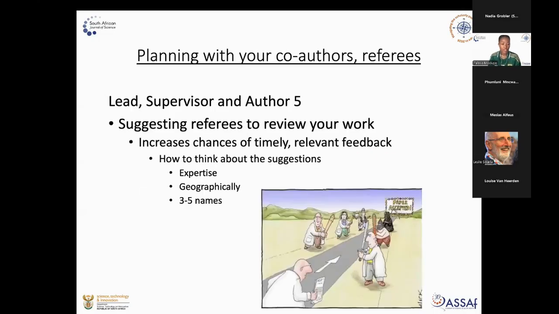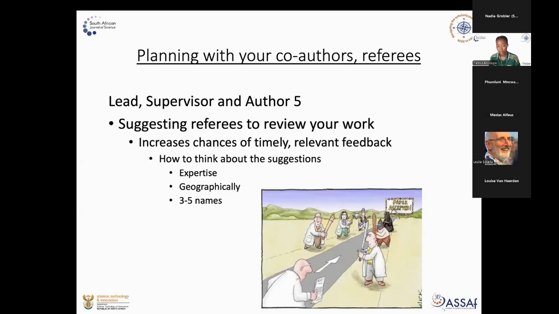And then the other thing that you're going to be discussing in this meeting is suggesting the reviewers who are going to be reviewing your work. Most journals often ask you to suggest reviewers. Please discuss this with your chosen co-authors, because this is very important.